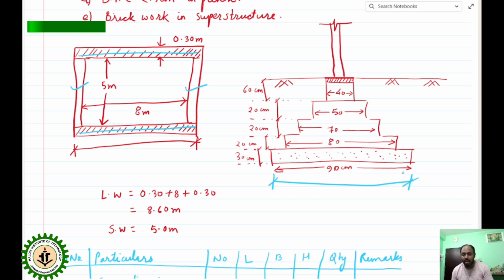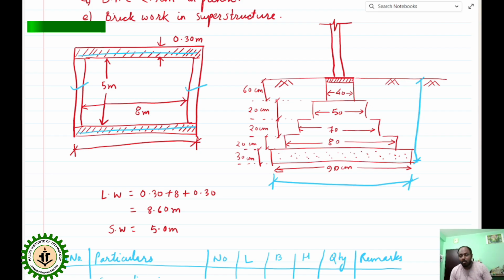Okay, and what is the height from the ground level? From here to this part we have to calculate the height. So what will be the height? 60 plus 20 plus 20 plus 20 plus 30.